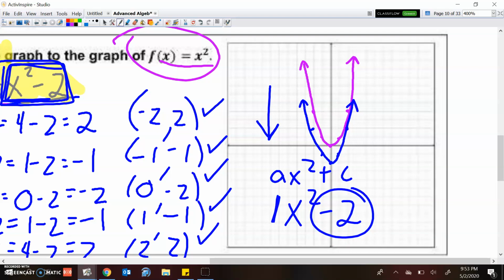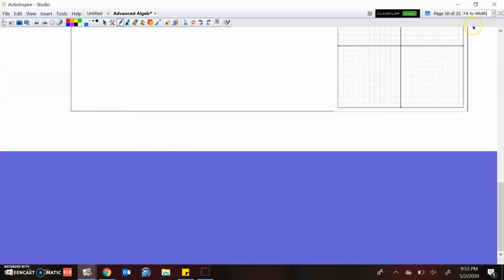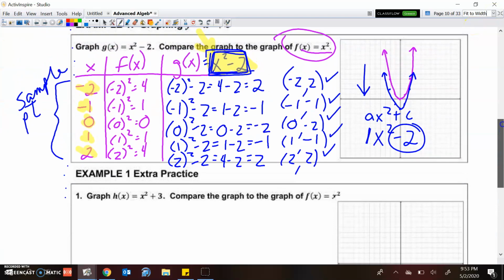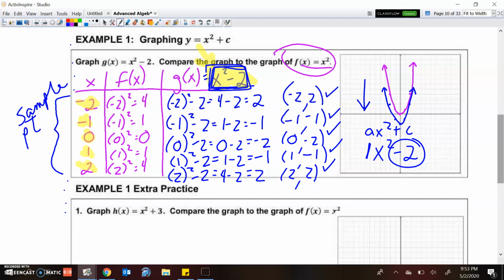So when you're graphing these, and this is where I said there's 2 options, you can go ahead, as we did here, and just sub the x coordinates into whatever function it is, and get your outputs. Or you can figure out what the first part is, and then just shift everything down 2.